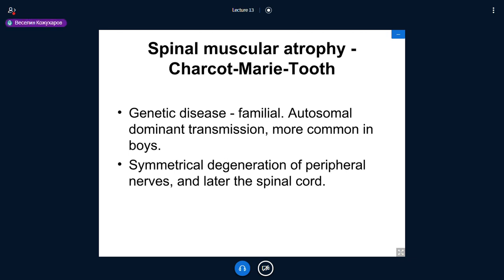The development of the disease affects both limbs symmetrically, lower limbs and upper limbs together, and it spreads from the peripheral to the central parts of the body. In a late stage, it affects the spinal cord.